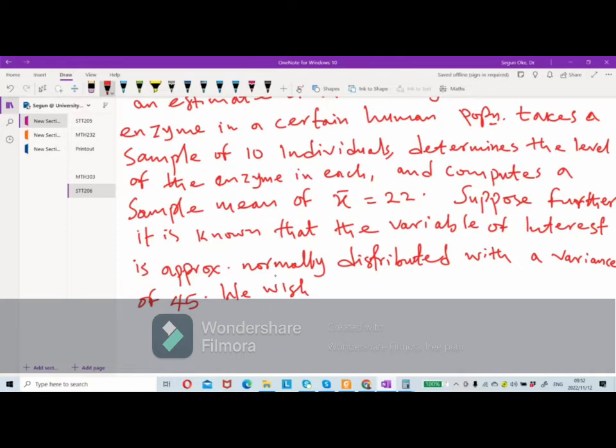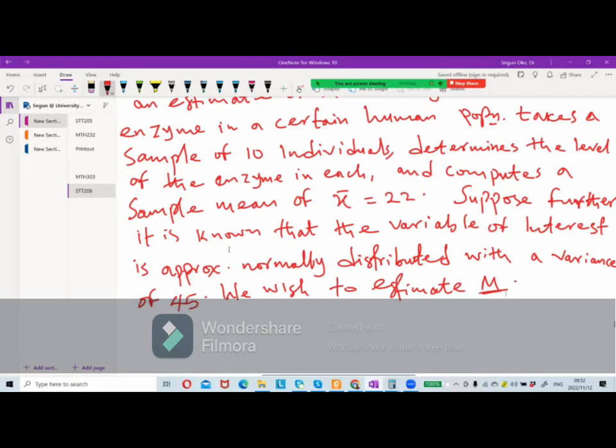We wish to estimate the enzyme, the mu sign that we want to calculate.